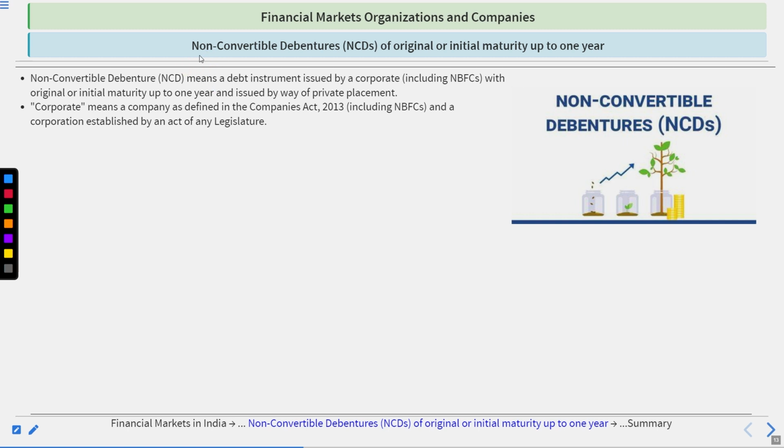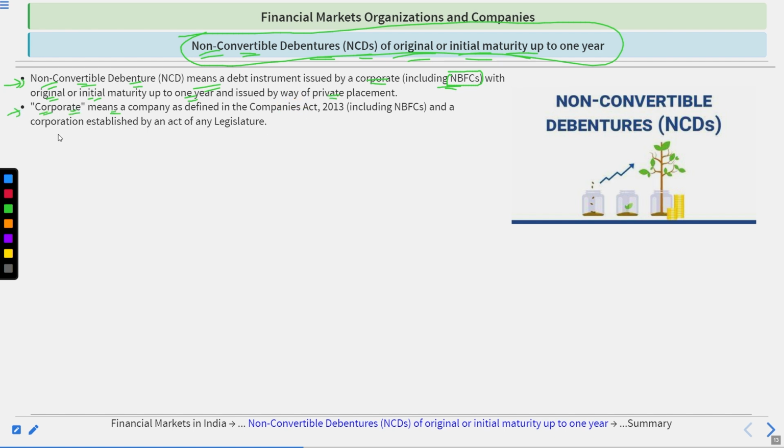Now we have non-convertible debentures, also known as NCDs, of original or initial maturity up to 1 year. So we could say the non-convertible debenture (NCD) means a debt instrument issued by a corporate, including NBFCs, non-banking financial companies, with original or initial maturity up to 1 year, issued by way of private placement.